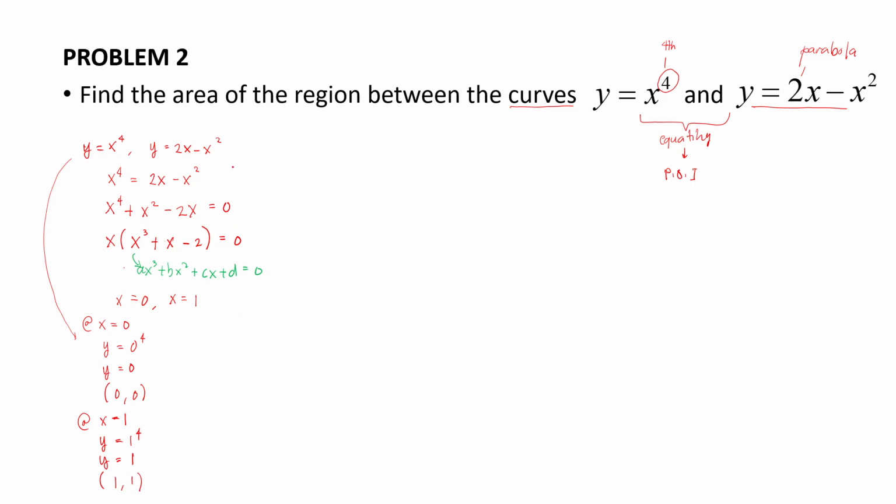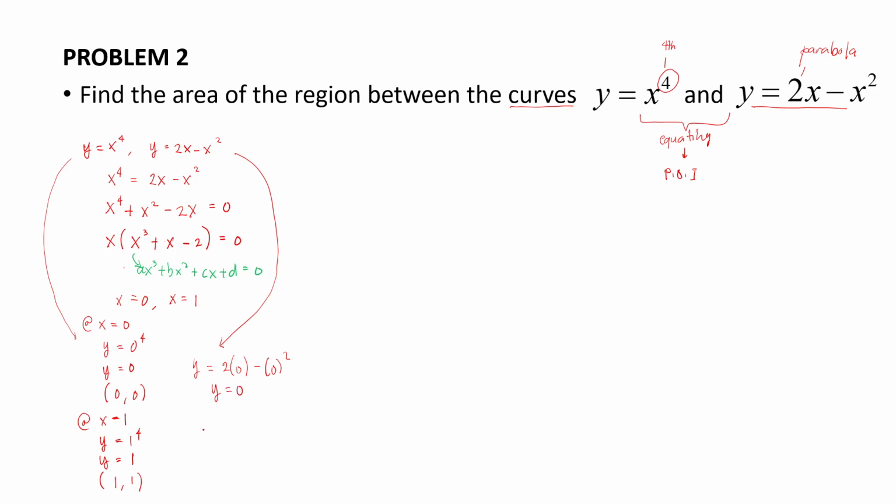Of course, it's not always that you have to use the first equation; we can also use the second equation. But it's a bit more complicated, di ba? Kay taas yung solution. So y equals 2 times 0 minus 0 squared. So it's still 0, di ba?